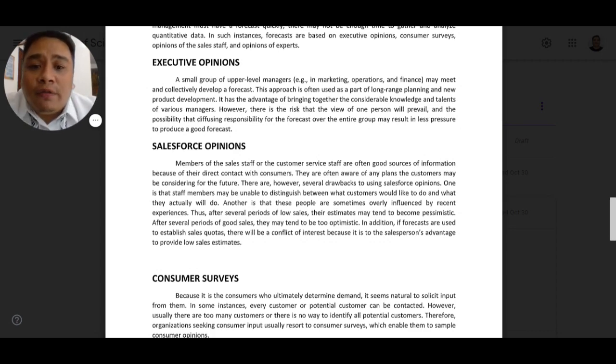They are often aware of any plans the customers may be considering for the future. They ask, ma'am, what do you want? Maybe that can be the basis for making our product. They ask questions and gather information coming in from our consumers.